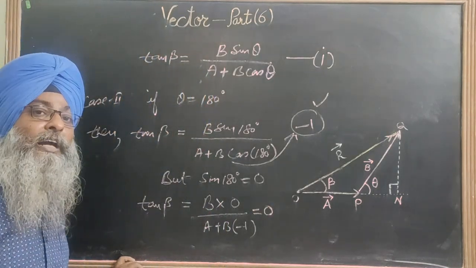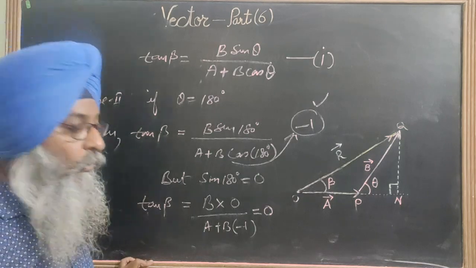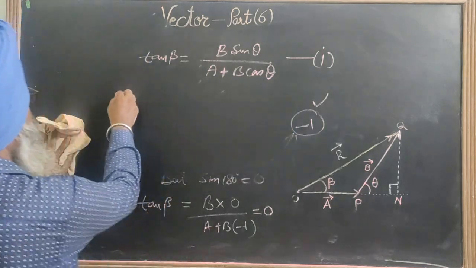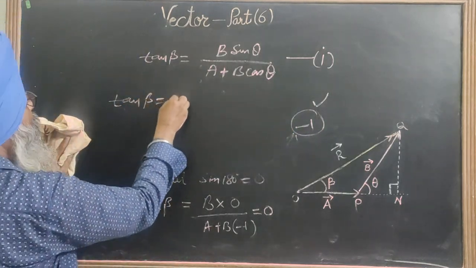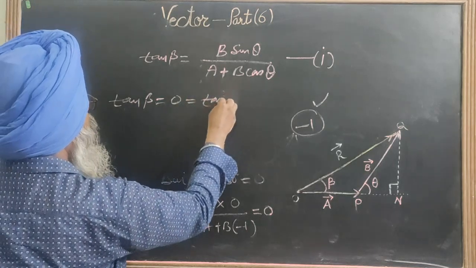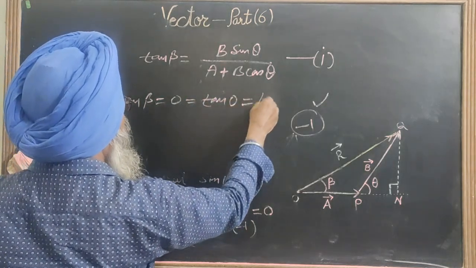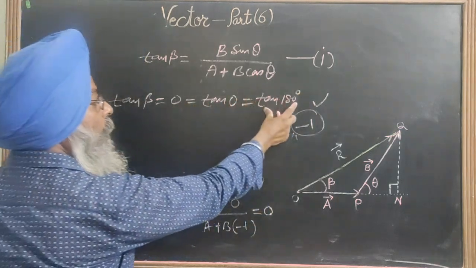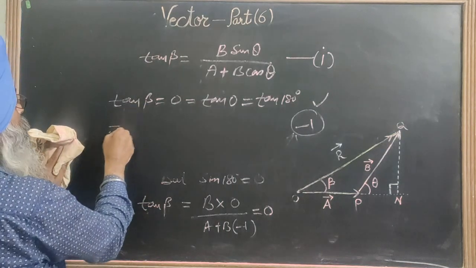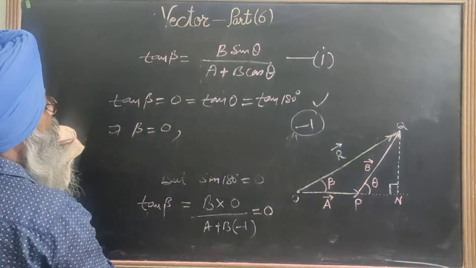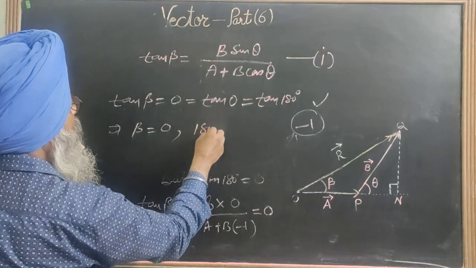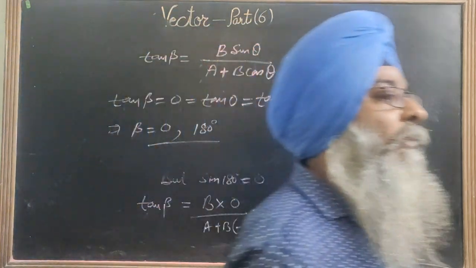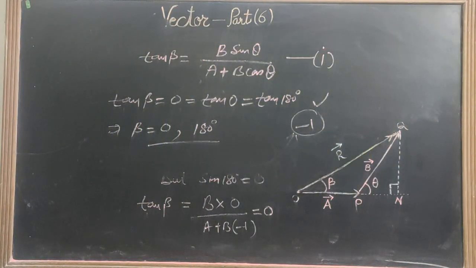Then tan beta will again be equal to 0, and we can write it also as tan beta is equal to 0 equal to tan 0 or tan 180. Tan 0 is equal to 0, tan 180 is also equal to 0. This implies beta will be 0 or it may be 180 degree.